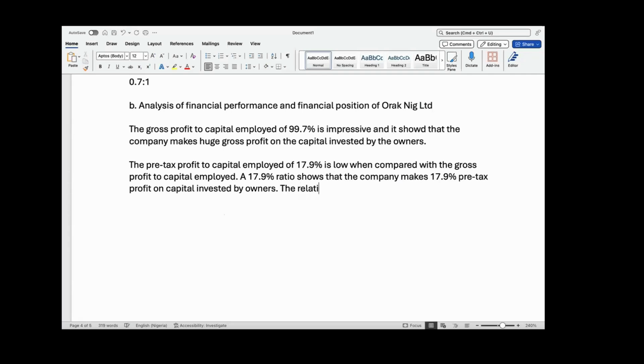The relatively low ratio can be attributed to huge overheads and finance costs.